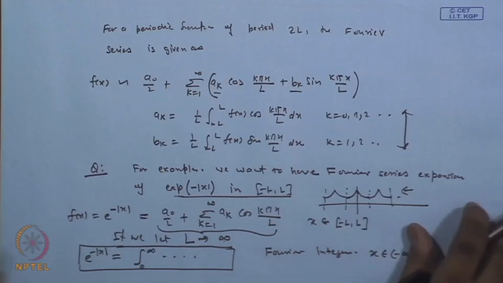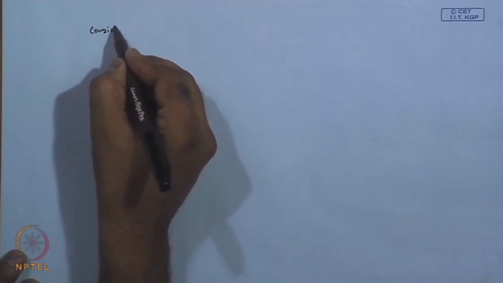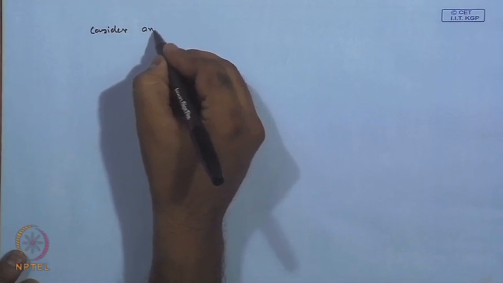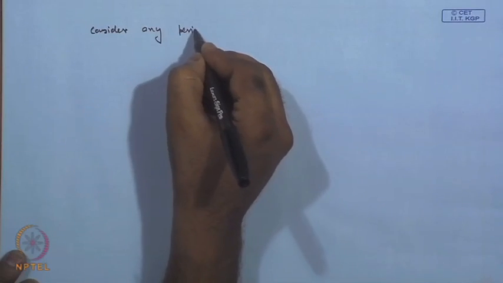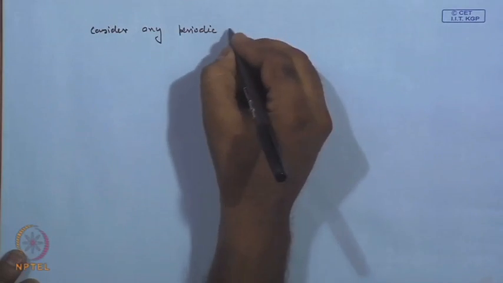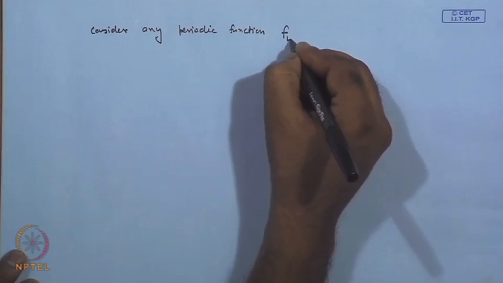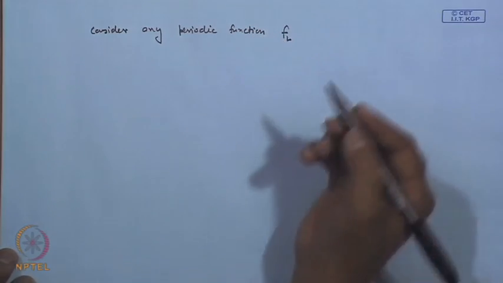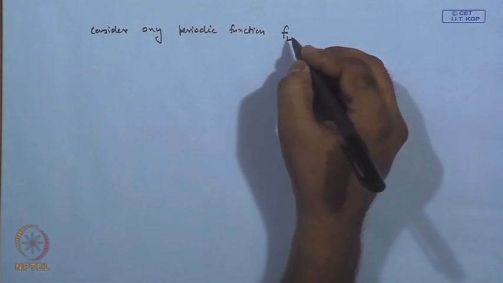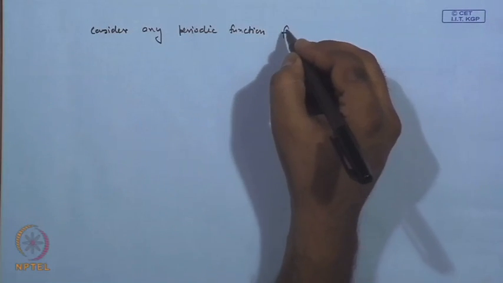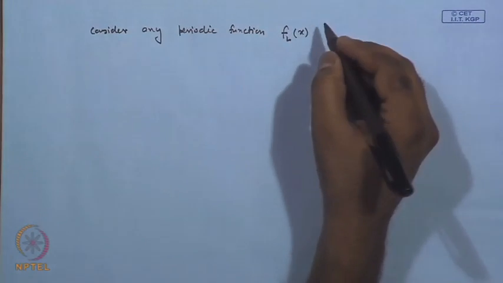So let me just continue now. Again we consider any periodic function, which we now denote f_L(x). This L denotes the period, because for period 2L we have the following extension.